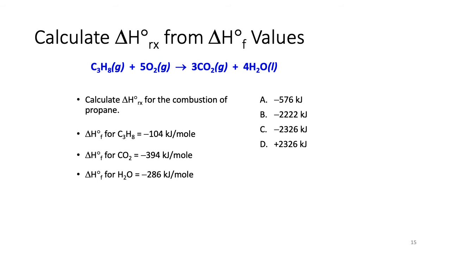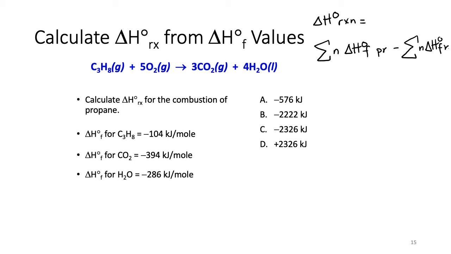So here it says, calculate delta H naught of reaction using delta H naught of formation values. Your equation is that delta H naught of reaction is going to equal the sum of the moles times delta H naught of formation of products minus the sum of the moles times delta H naught of formation of reactants.